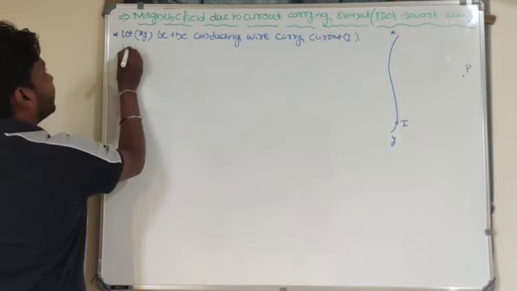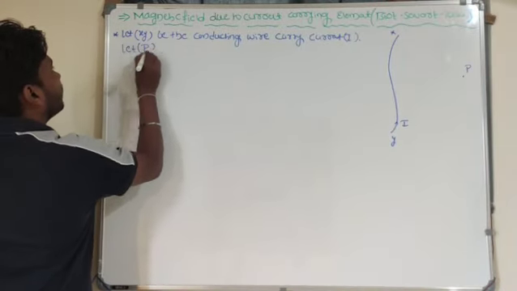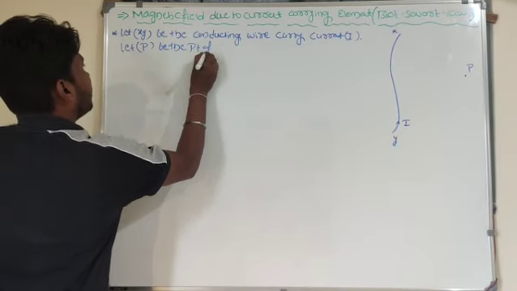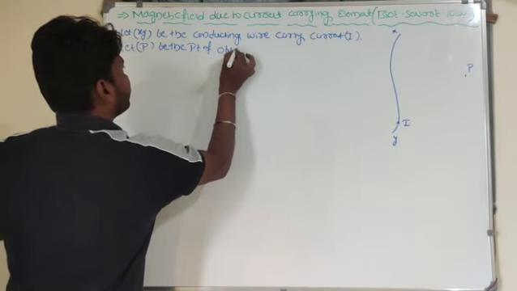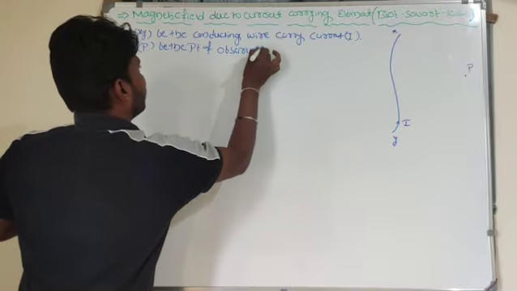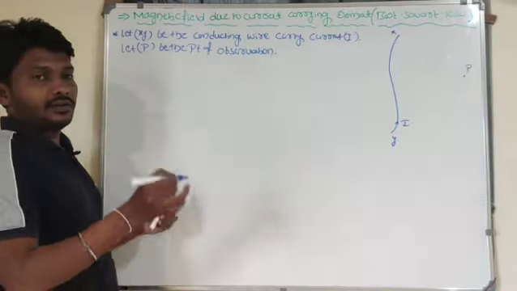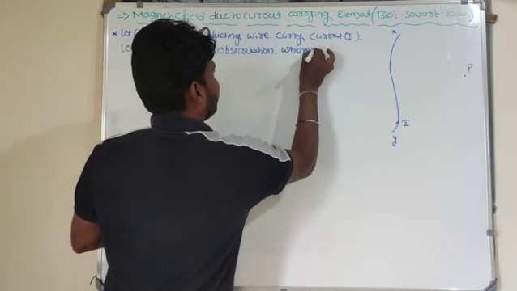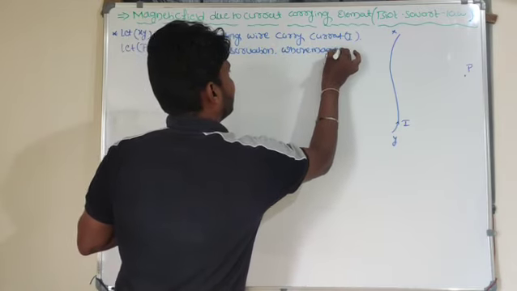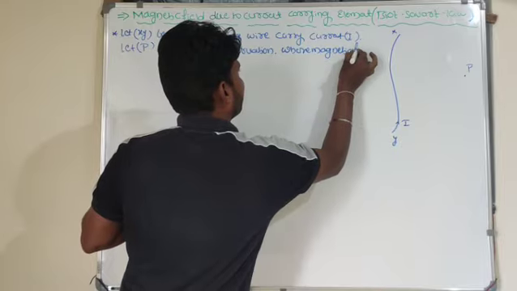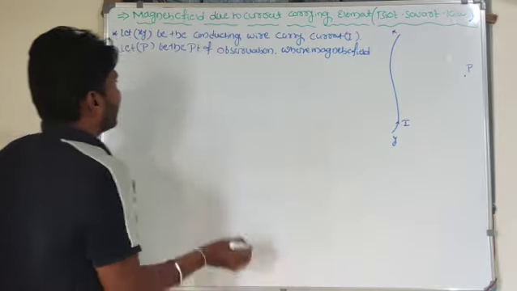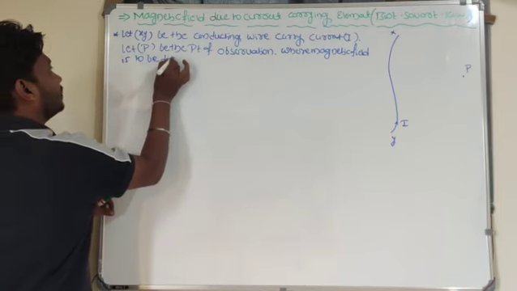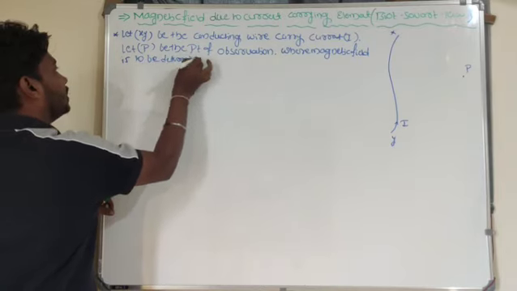Let P be the point of observation where the magnetic field is to be determined.